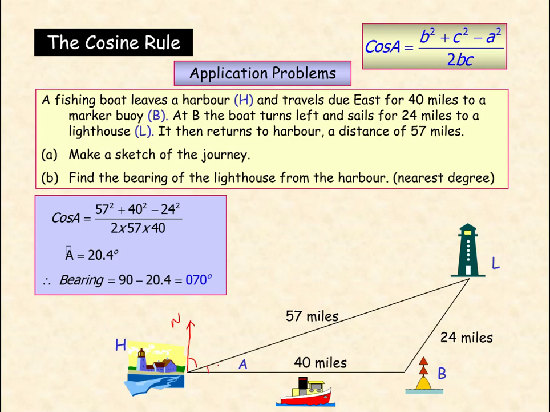We know that's going to be 20.4, so if we take that 20.4 away from 90, it gives us that bit there, and that'll be 69.6 degrees to one decimal place, and to the nearest degree, 70 degrees. Good.